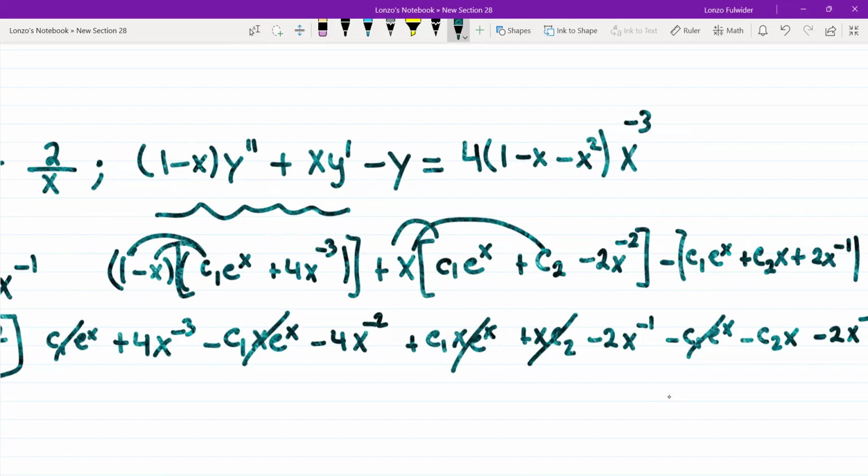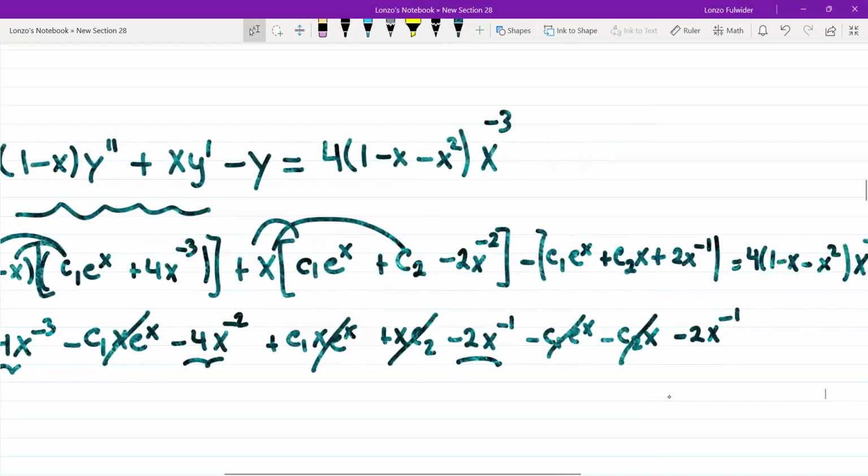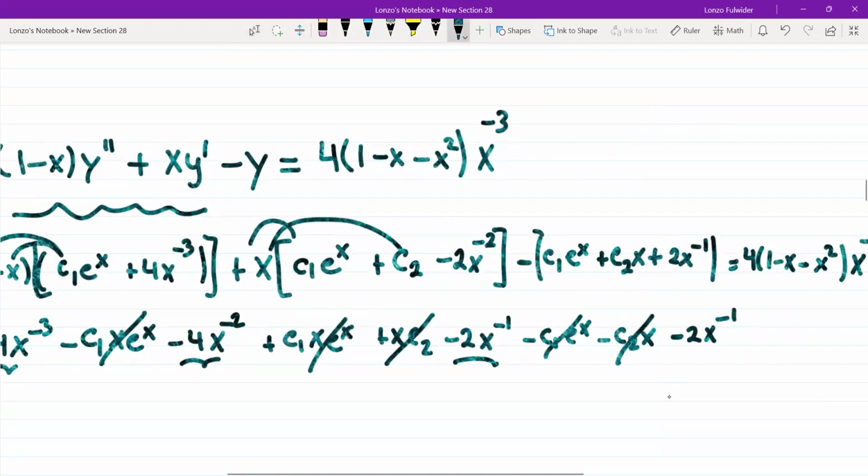So this 4x to the negative 3 stays here, this stays here, and this stays the same. And then on the left side, you're just left with 4x to the negative 3 minus 4x to the negative 2. These are what haven't canceled. Minus 4x to the negative 1, right?